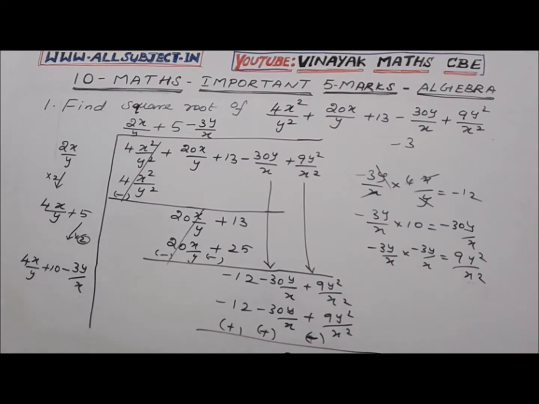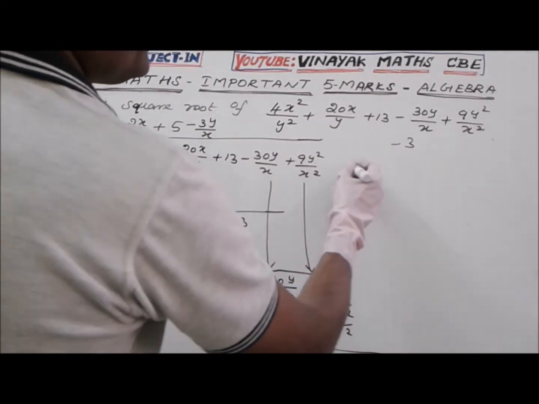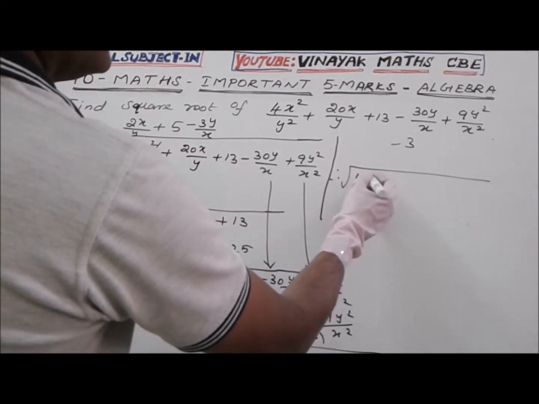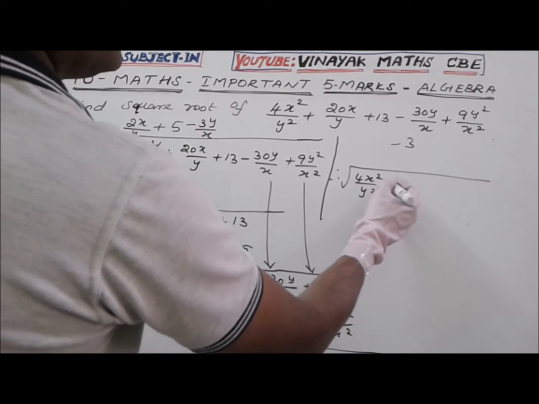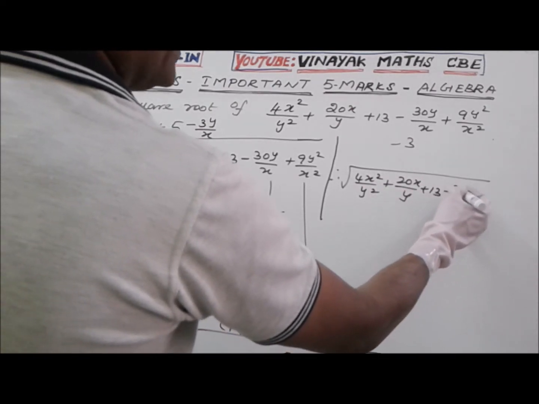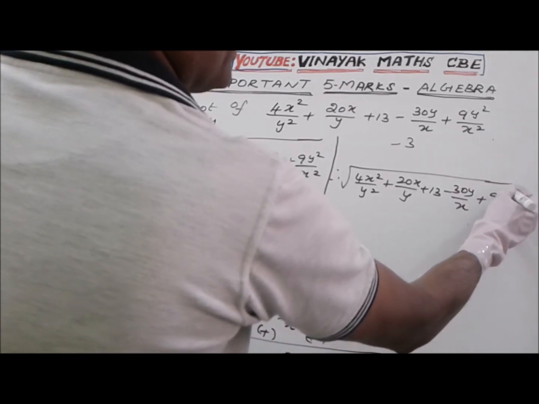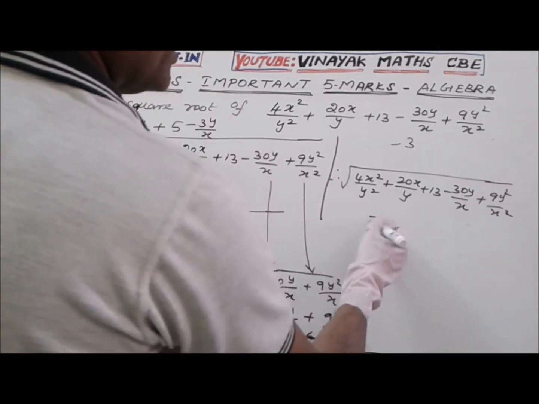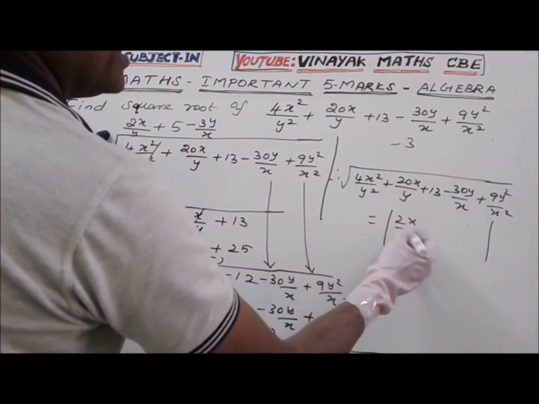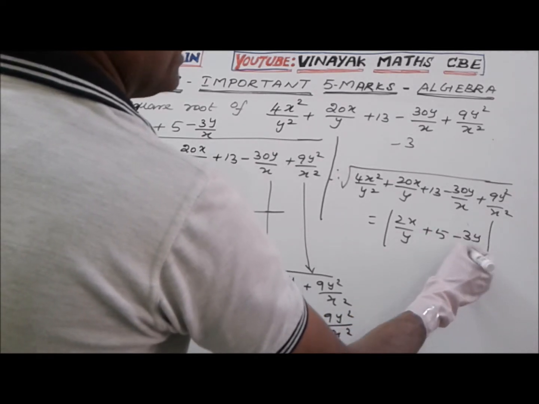So, writing the answer here, root of 4x square by y square plus 20x by y plus 13 minus 30y by x plus 9y square by x square equals the absolute value of 2x by y plus 5 minus 3y by x.